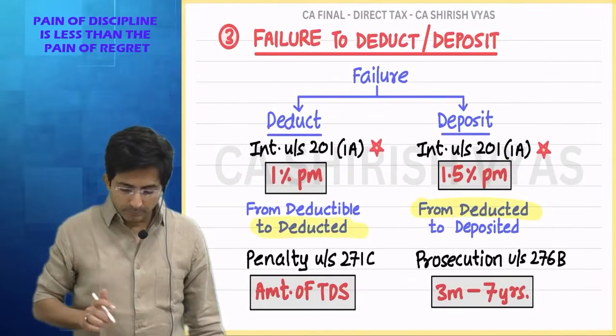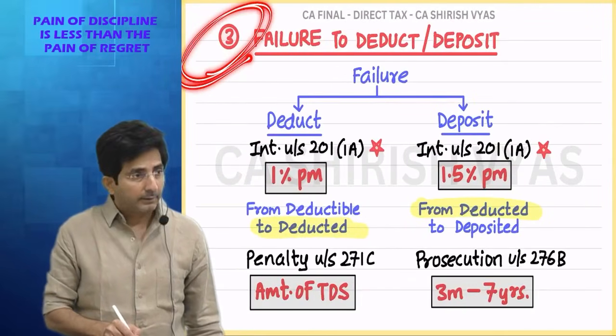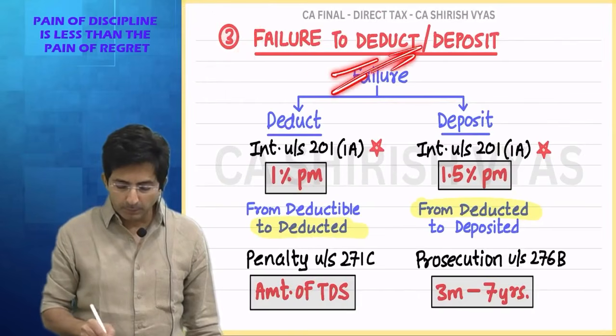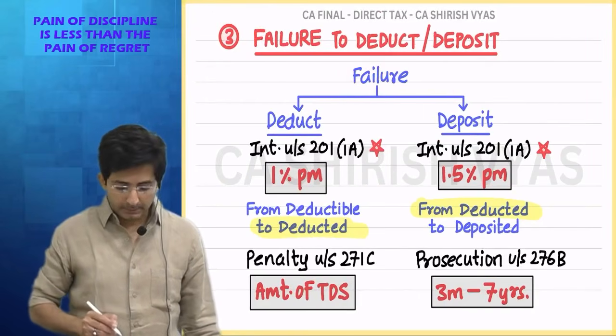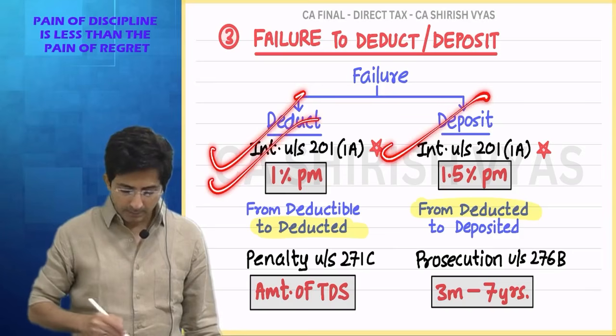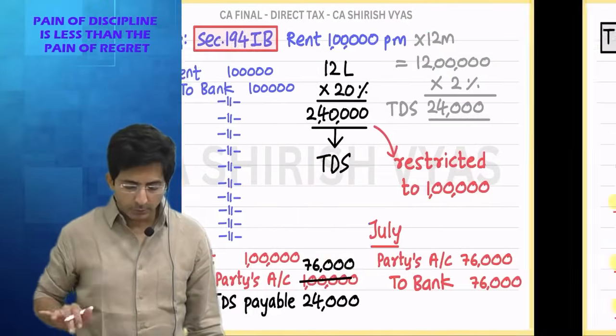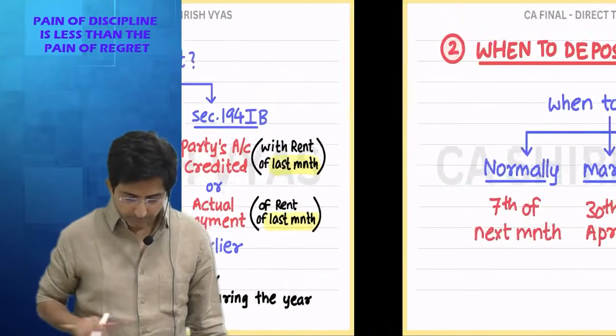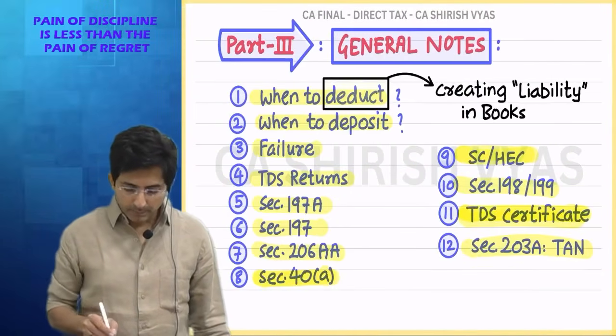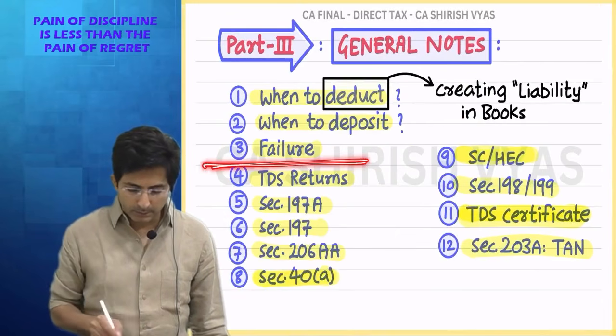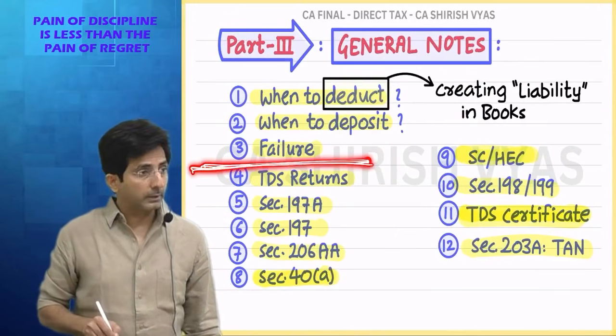So this point I finished, that if you don't respect the rule of deducting and depositing TDS, you have to suffer interest, penalty and prosecution. Okay. So this was point number 3. See, we are doing general notes. In general notes we have done till point number 3. Okay.